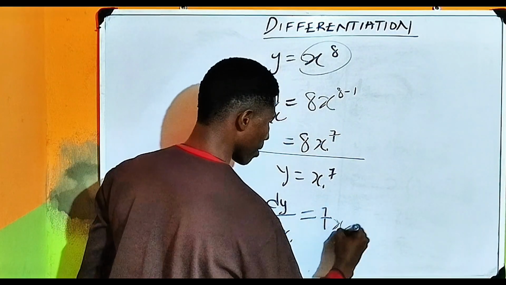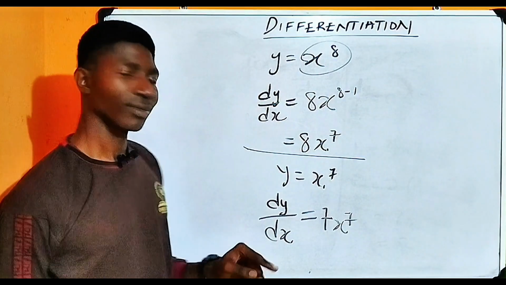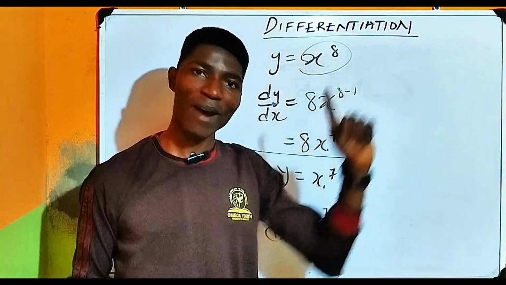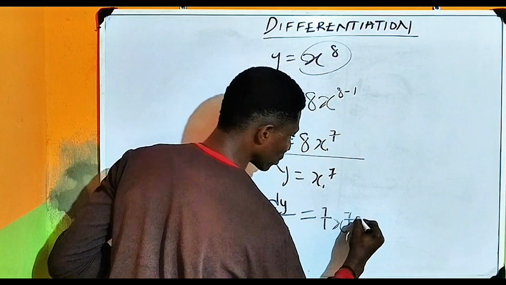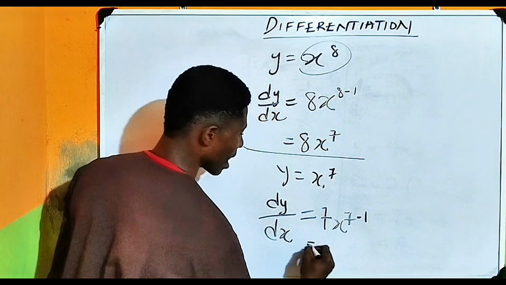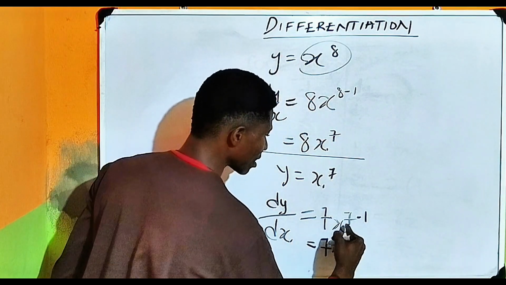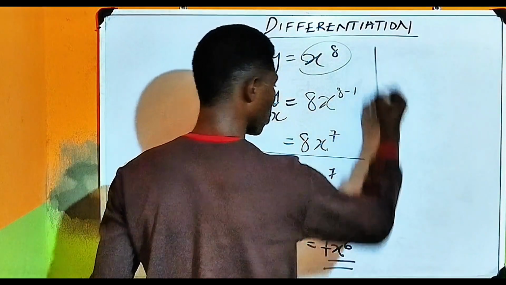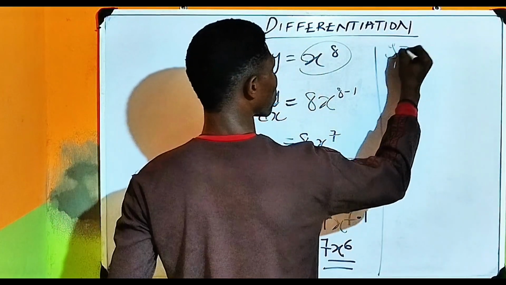We have 7 times x power 7. Second step, subtract 1 from the power. So, minus 1. We have 7x power 7 minus 1, which is 6. This is your answer.